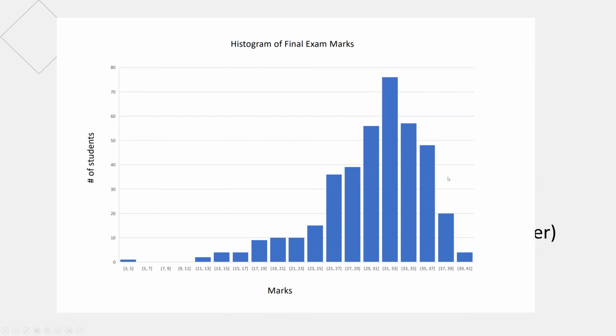And as you can see here, if you are worried about the final exam being too hard, then you don't need to worry about it too much. This is the statistics from last year, term one of last year. As you can see here, the average of our students is around 31 to 33.